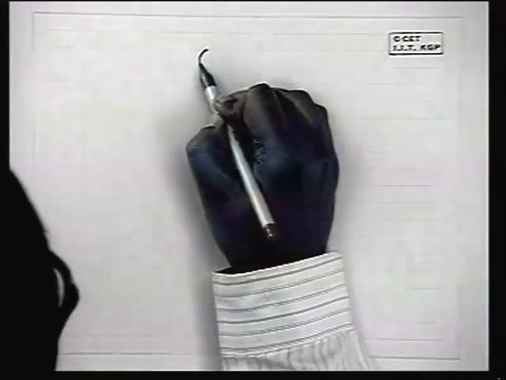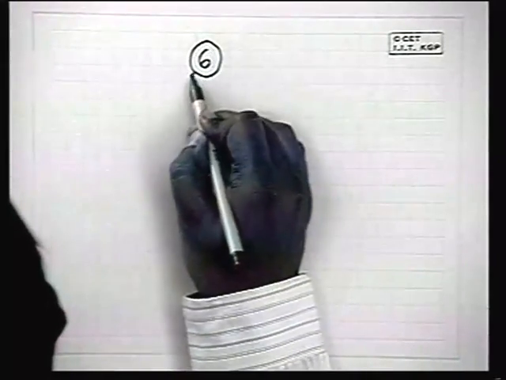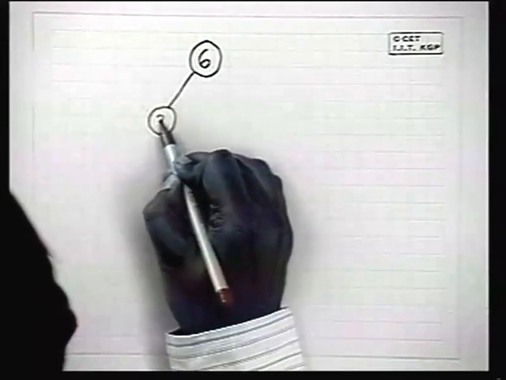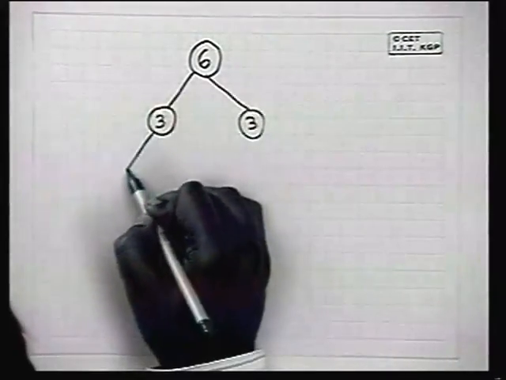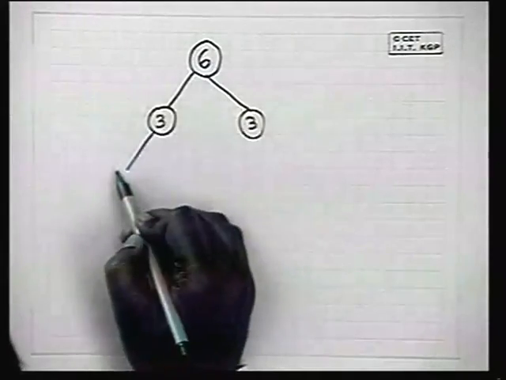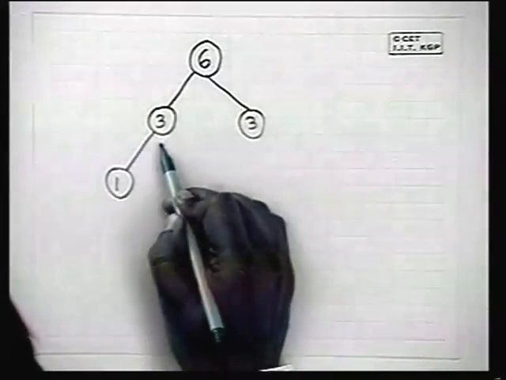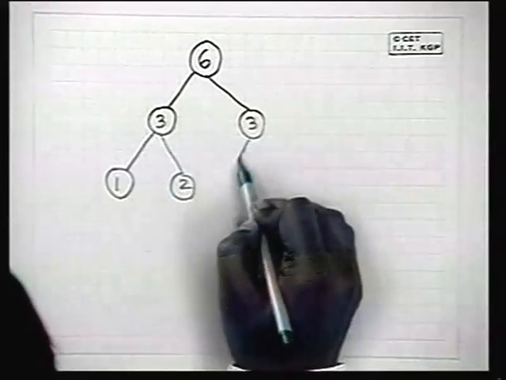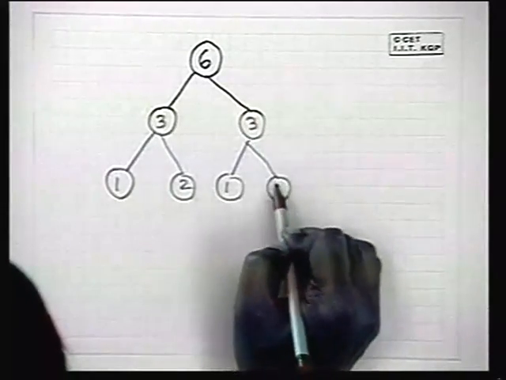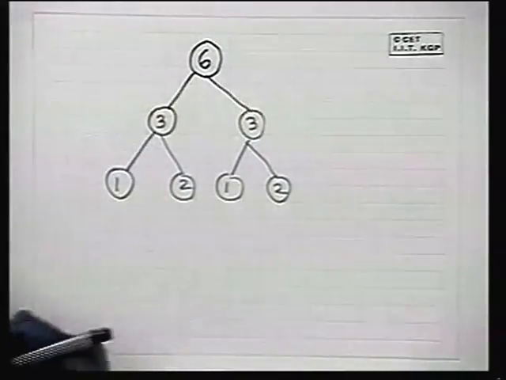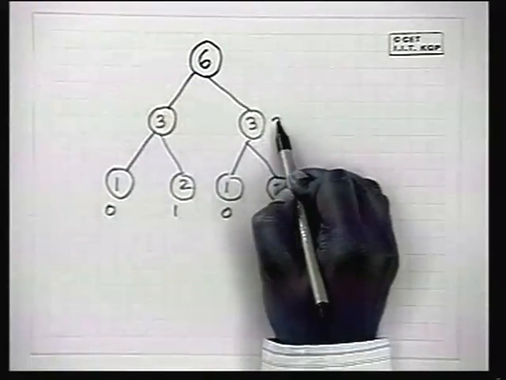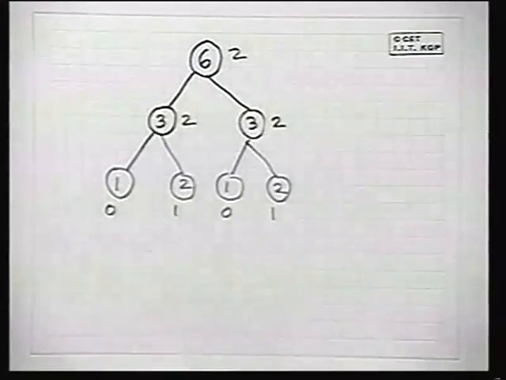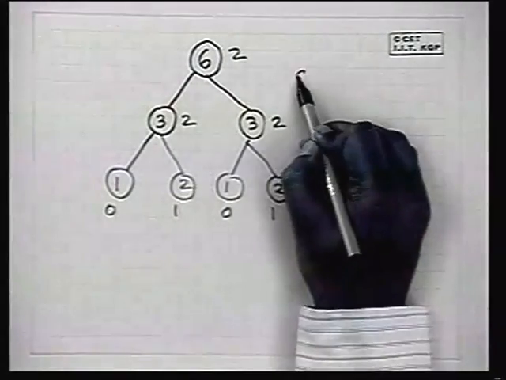Now let us see 6. I am not going formally, purposely. 6 could be split as 3, 3. This is not 2 to the power n. 1, 2, 1, 2. What is the cost? 0, 1, 0, 1, 2, 2, 2. What is the total cost? 8.